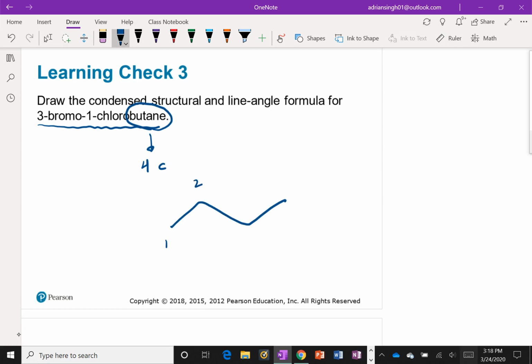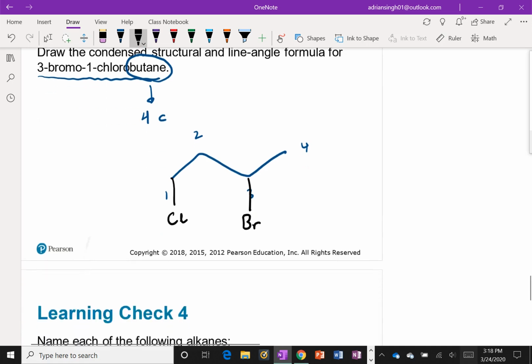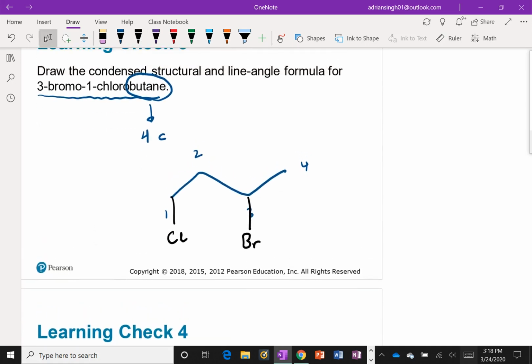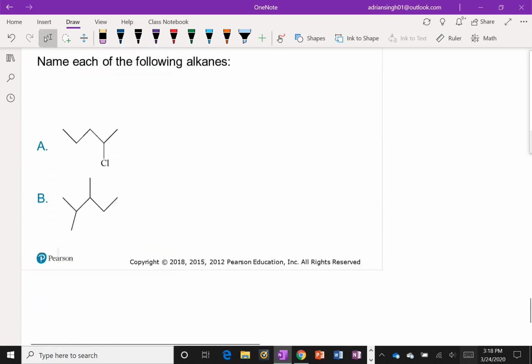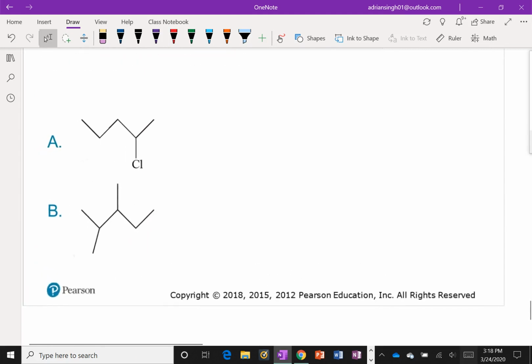I have a bromo on carbon 3, and then have a chlorine on carbon 1, Cl. And that's it. That's your structure for 3-bromo-1-chlorobutane. So it's systematic, so you can always tell exactly what you have in the compound and where everything is located.